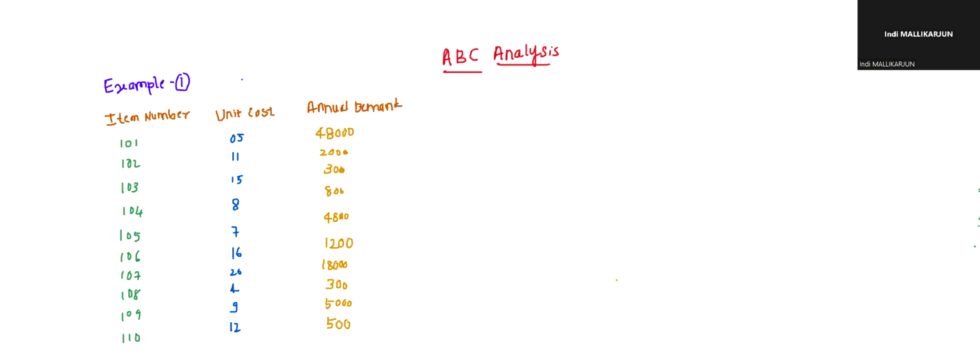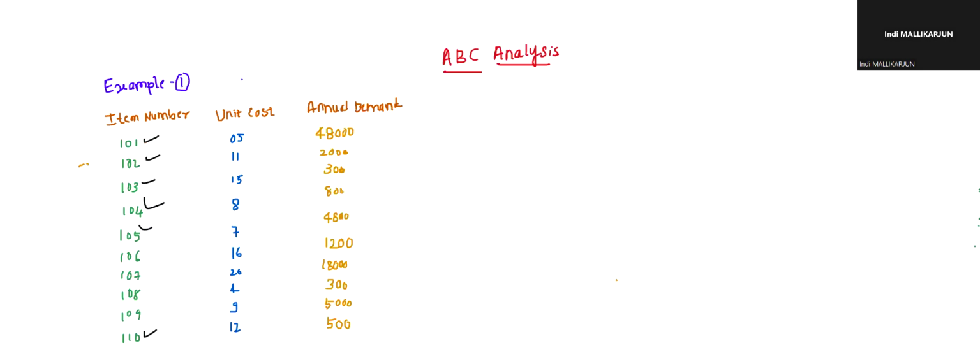See here, we have one example for ABC analysis. They have given item numbers 101, 102, 103, 104, 105, like that up to 110. We have 10 items named 101 to 110, and the unit cost, that is per unit cost, is 5, 11, 15, like that.